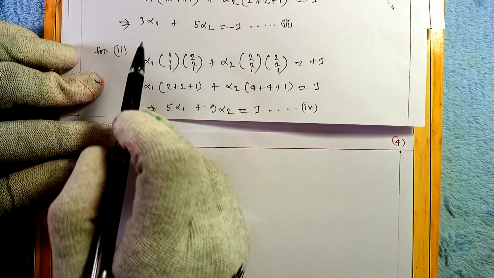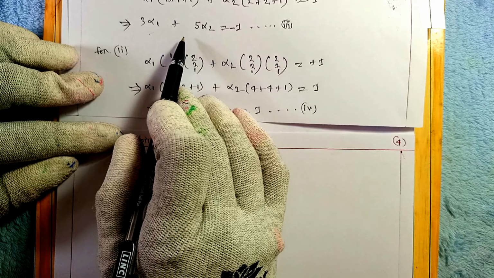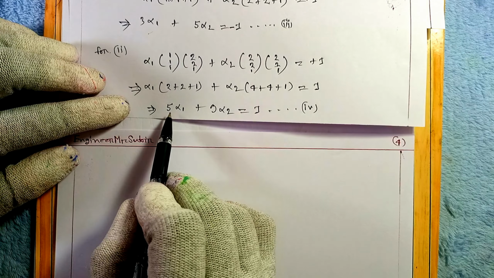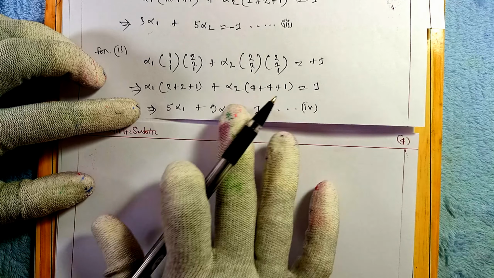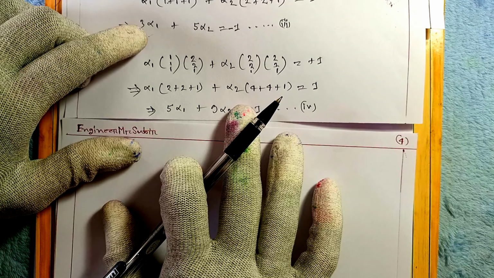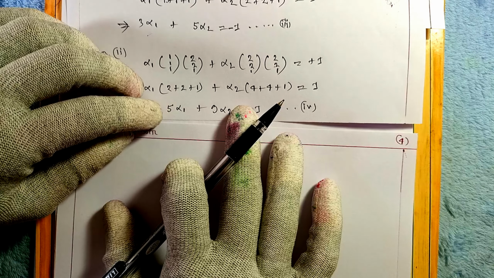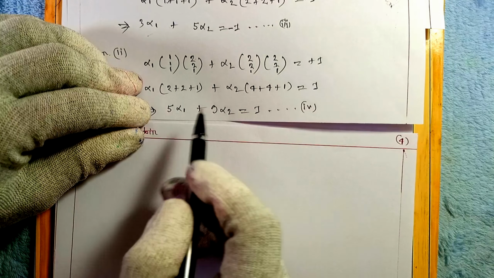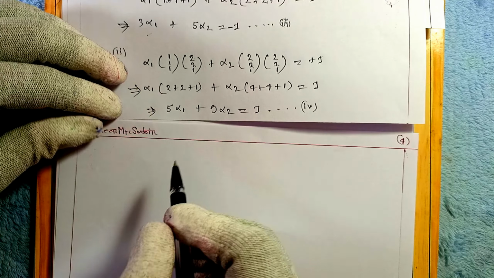So in equation number 3 we have 3 alpha 1 and 5 alpha 2, and in equation 4 we have 5 alpha 1. If we multiply this 3 alpha 1 with 5 and this one with 3, then we can easily find the value for alpha 2. Let's find out.